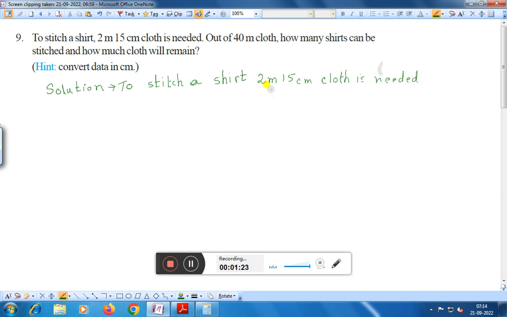You have to change this 2 meter 15 centimeter into centimeter. That is, 2 meter 15 centimeter means, 1 meter is equal to 100 centimeter, right? That means you have to change this into centimeter.